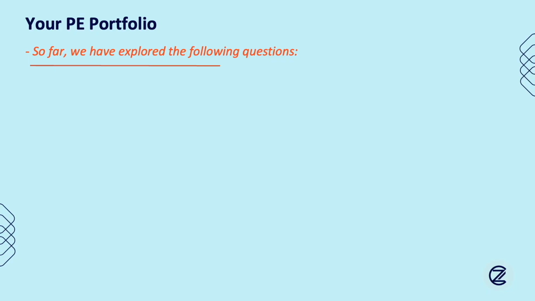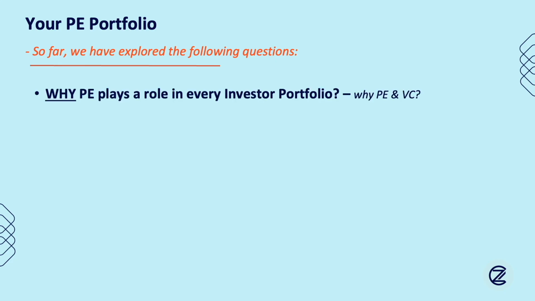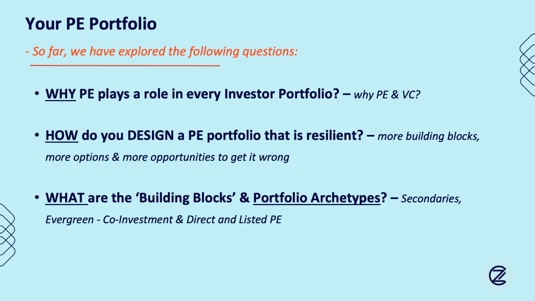So let's just quickly recap. Your private equity portfolio, what I've done so far, we went through the why, the how, and the what. We talked about why private equity plays a role in every investor's portfolio. How would you design a PE portfolio that is resilient, using all the building blocks out there, being quite aware that the combination of those building blocks really matters.